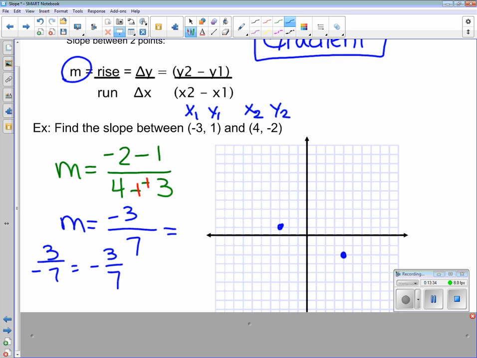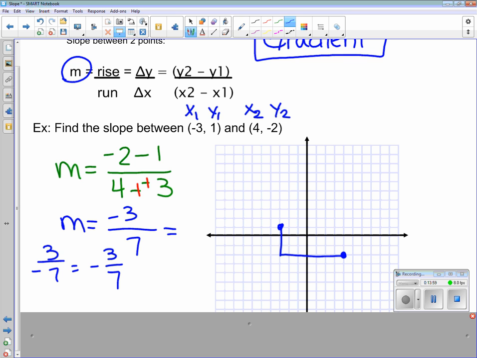If I'm starting with the one on the left and I need to go to the one on the right, I'm going to do my vertical distance first because I'm worried about the rise. So I'm going to go down 1, 2, 3. Down 3. That's where the -3 comes from. Now I'm going to move to the right 7.